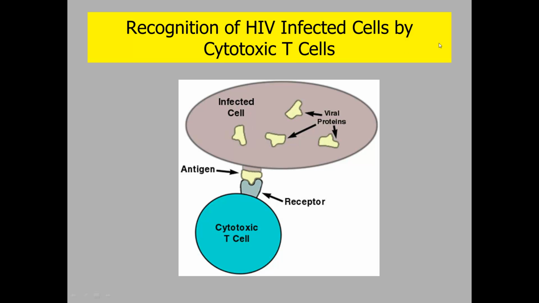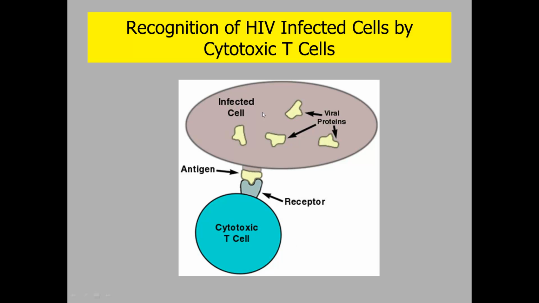So the process for recognition of the HIV-infected cells by the cytotoxic T cells: here's the infected cell. It makes its viral proteins. The cytotoxic T cell then comes along, has a receptor, and recognizes the infected cell by these antigens.